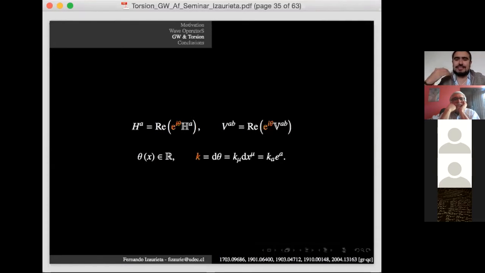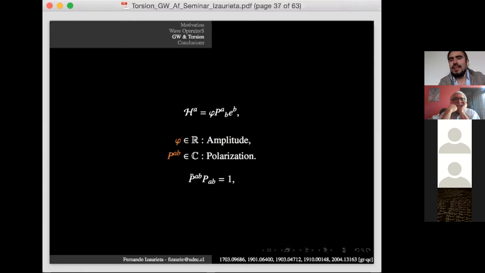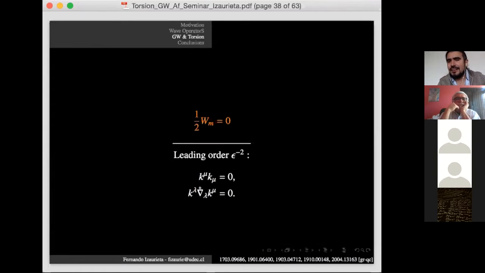We make the standard things. We define what we call a wave vector, but it is actually a wave one form, this k, which is there. And we decompose this in dominant terms and the deviations of geometric optics. And from there, we can define the amplitude and the polarization of the gravitational wave, for instance. And the result here is very interesting.